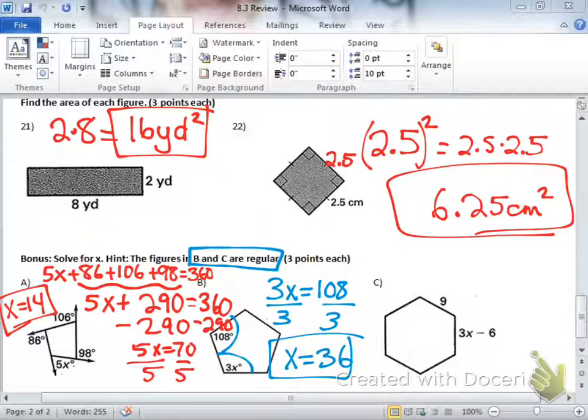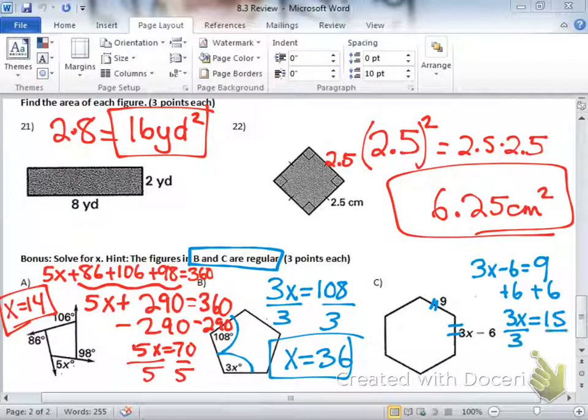And in part C we're going to set the side lengths equal. And then on both of them you're just solving for the x. All right, so on this one, you're going to get x equals 5.